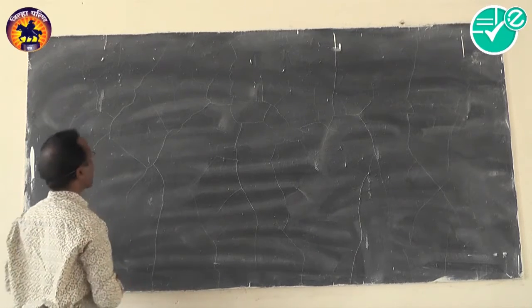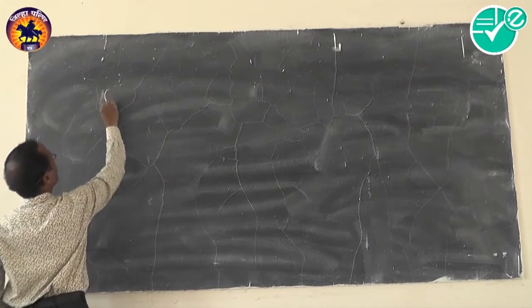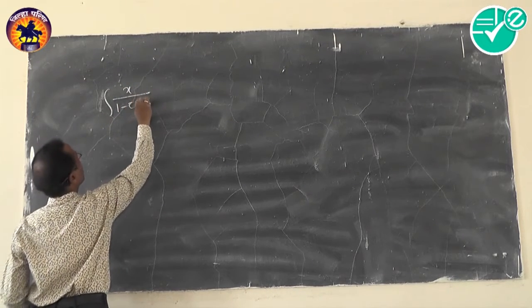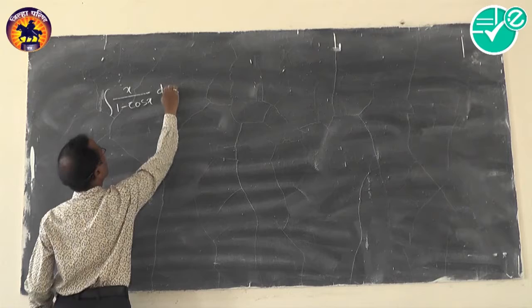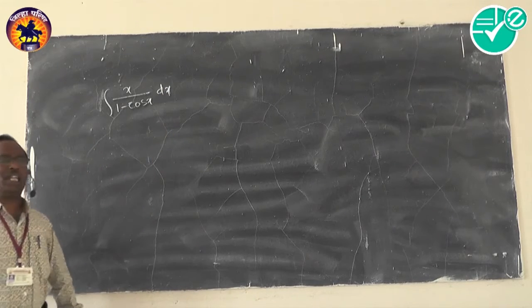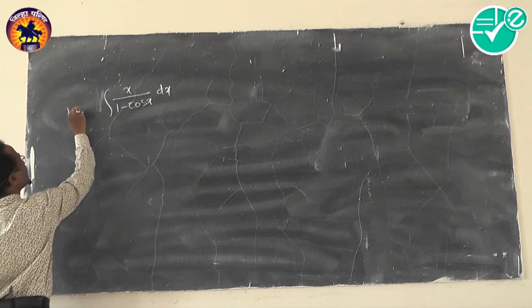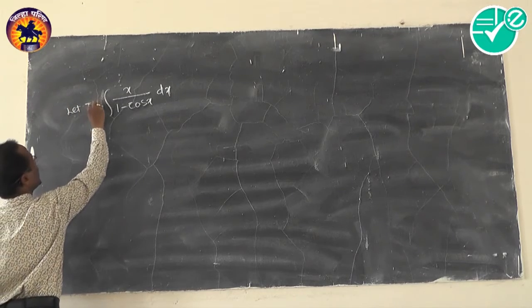Integral of x upon 1 minus cos x dx. Now we want to find the integration of this function. How can we find it? Let I be equal to this function.